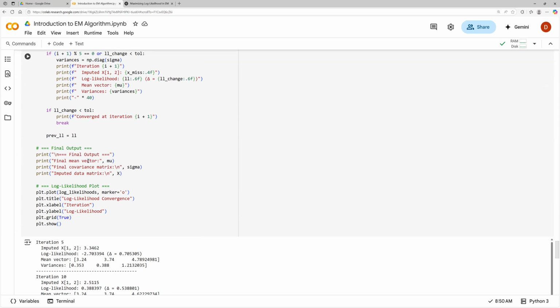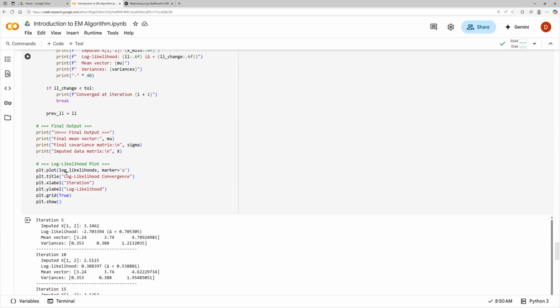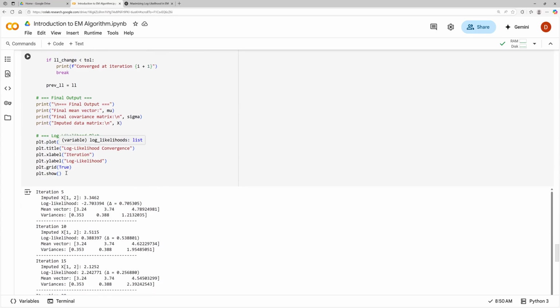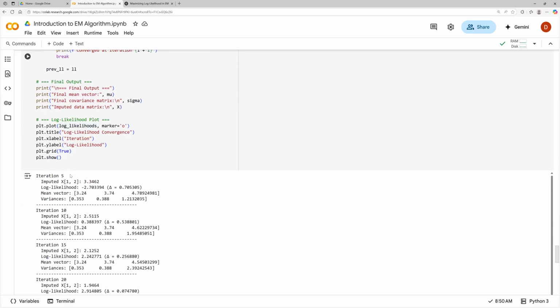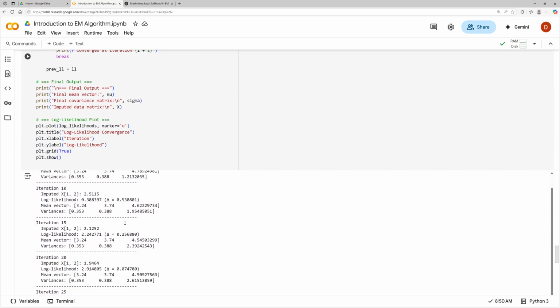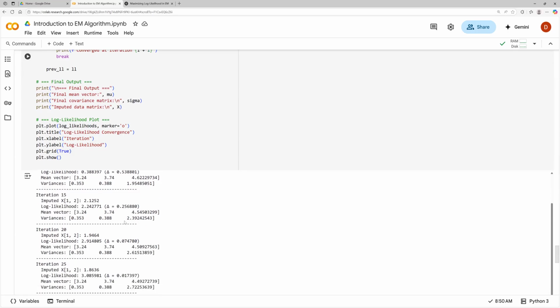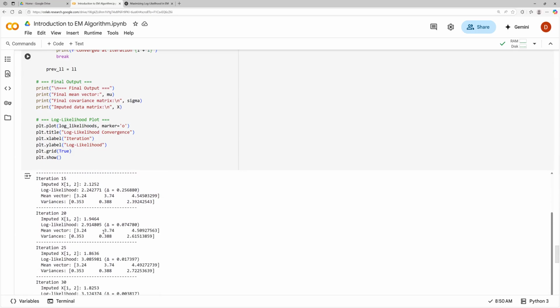Now we print them out: the final mean vector, the final covariance matrix, and finally the imputed data matrix, and then we plot the log likelihood convergence. If we look at it, after each iteration we can see the changes. The delta becomes a lot smaller, and we see that this value here is changing.